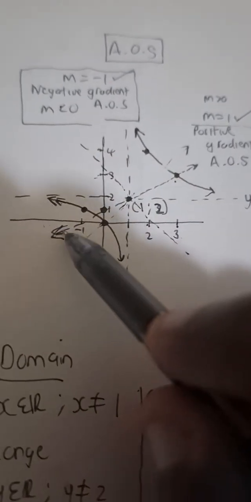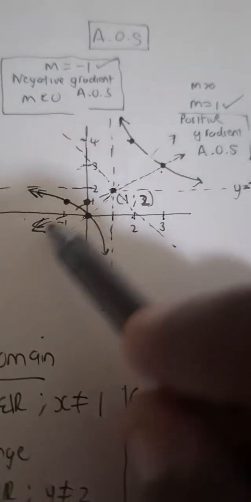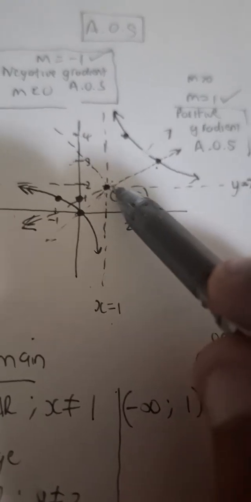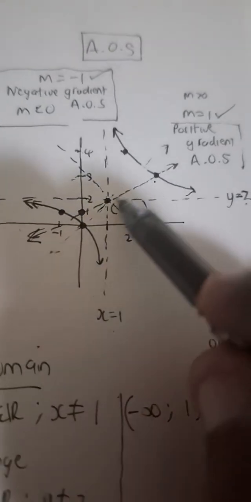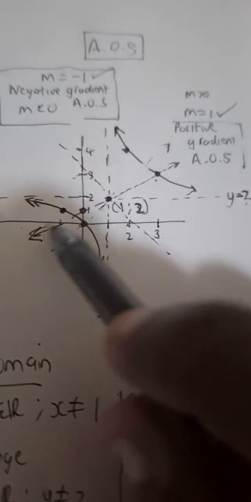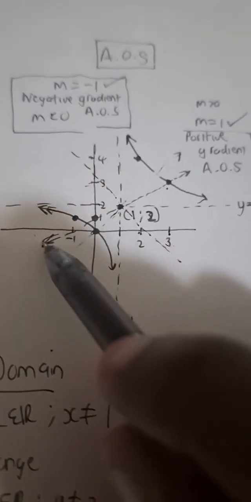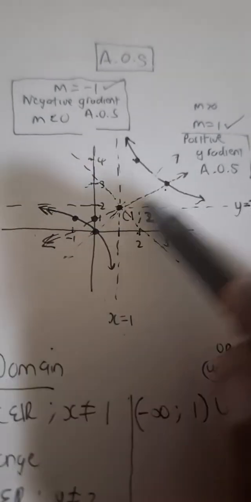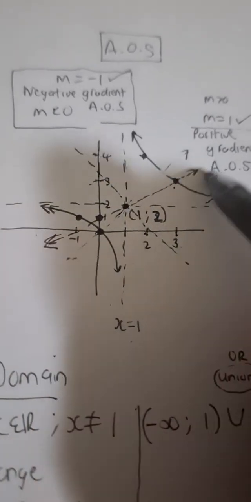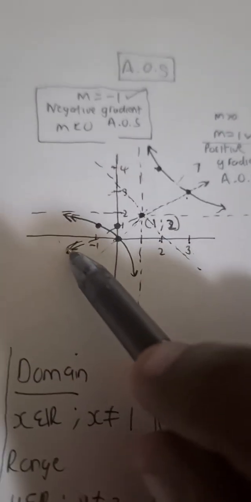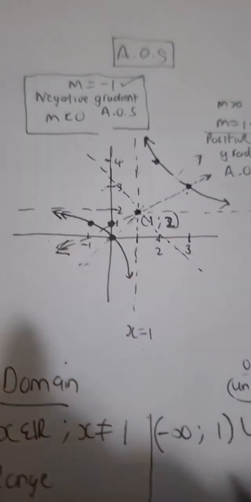So there is a symmetrical line that cuts through that point of intersection. That symmetrical line is an increasing straight line, meaning it has a positive gradient.